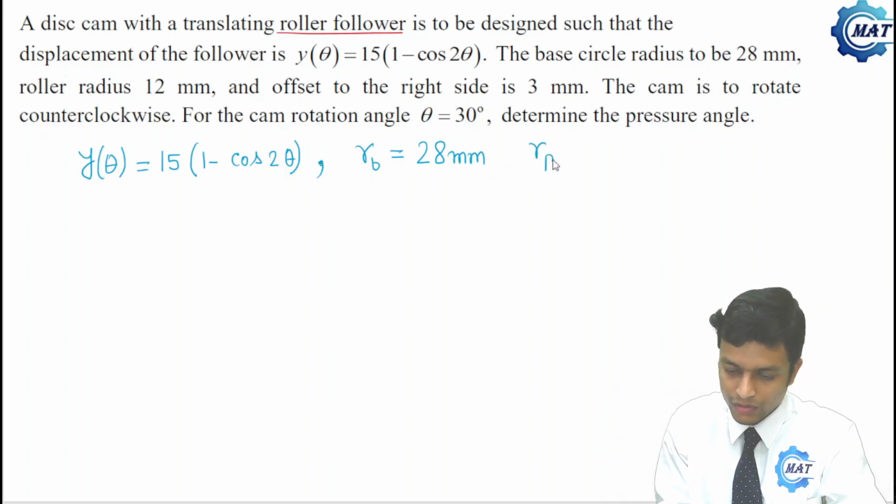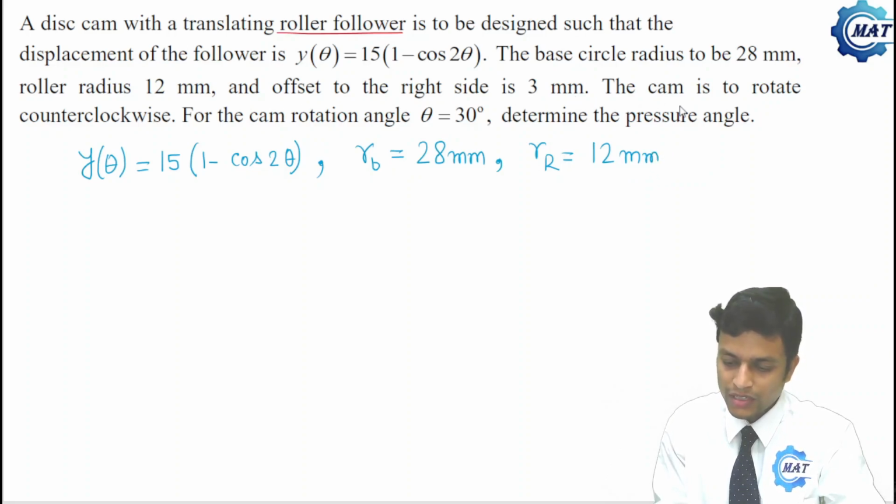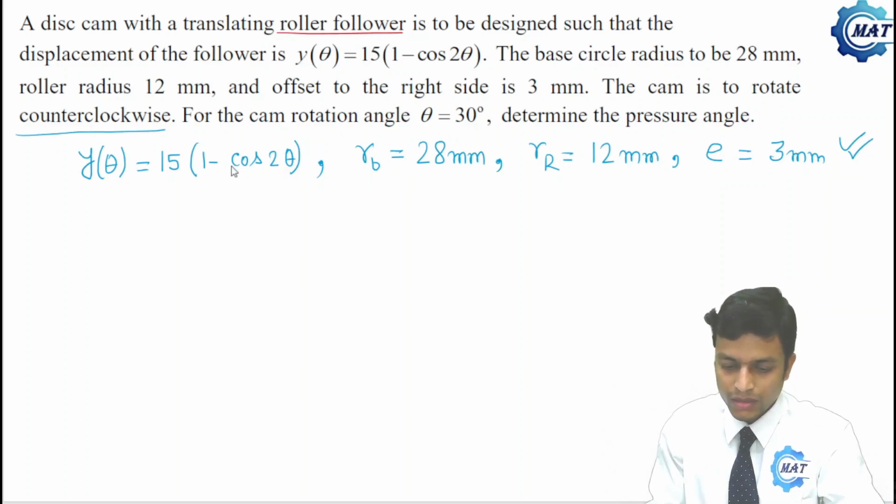Roller radius is also given, 12 mm. Offset to the right side, that is positive offset for counterclockwise rotation, is 3 mm. It is also mentioned that the cam rotates counterclockwise, so this offset is positive.